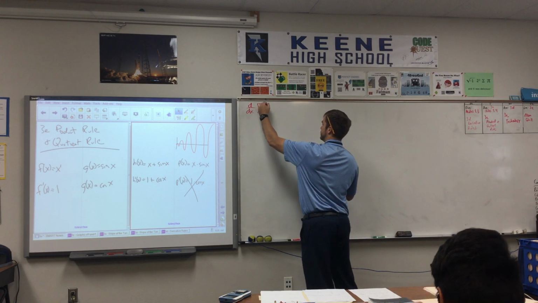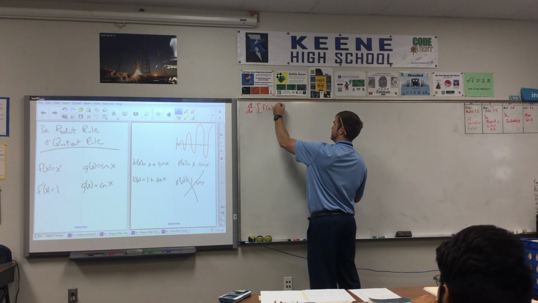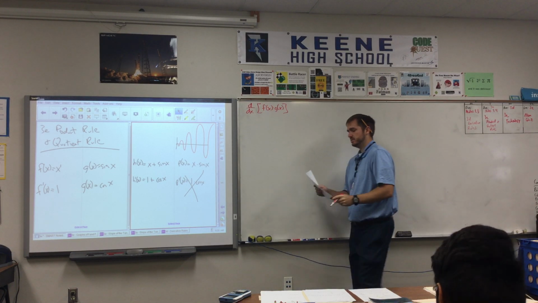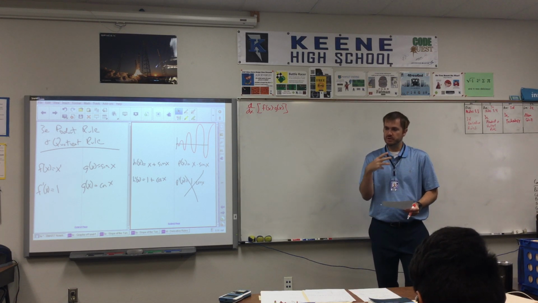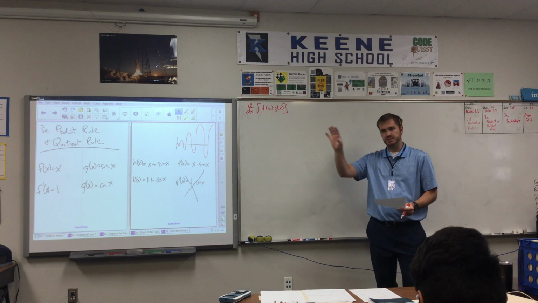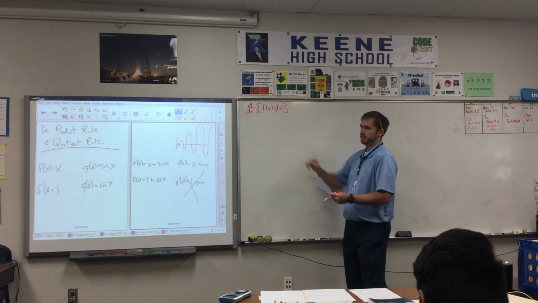We want to take the derivative of f of x times g of x. And we want to be able to do this for any problem, anytime, anywhere, not just x and sine x. So I'm going to make this extremely generic.